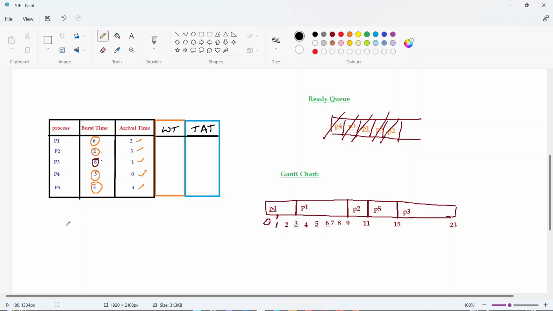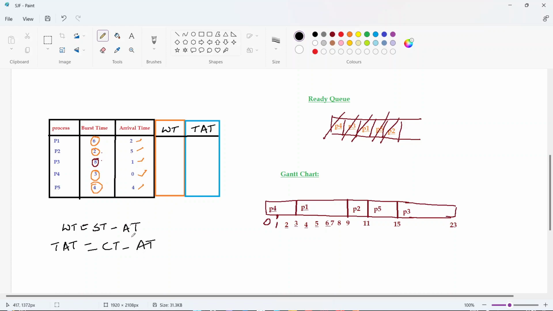Now you know the formula. Waiting time formula is equal to, again I am writing the same, start time minus arrival time, and turnaround time formula is completion time minus arrival time.